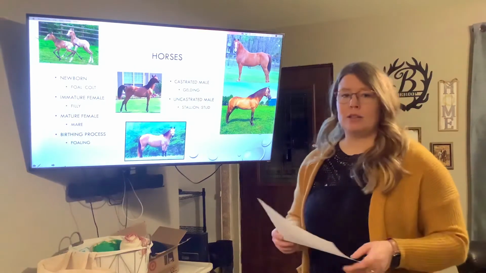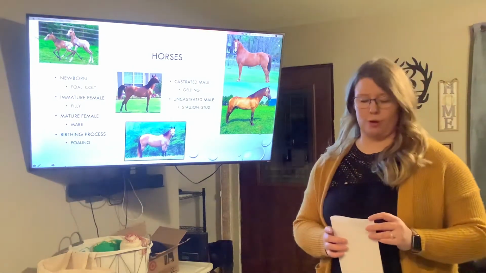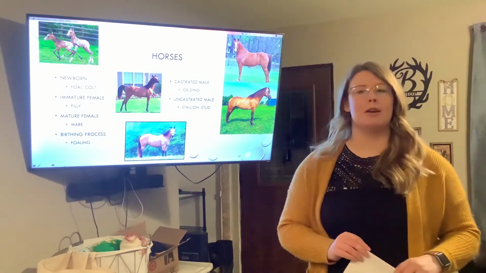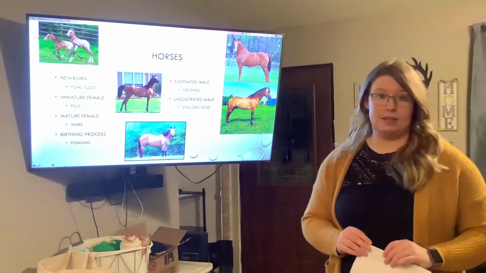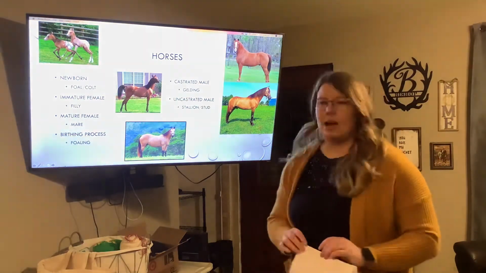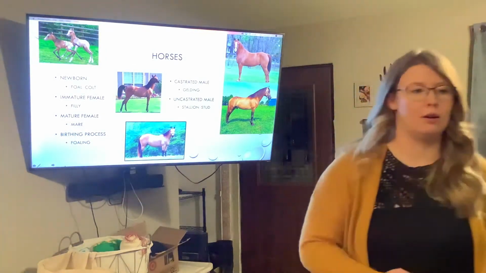And then byproduct and other. Again, the other category is more for the horses. They're not used for any specific byproducts, I guess, in the United States that I'm aware of. So I guess I just put for sport or recreation on the chart that I filled out.